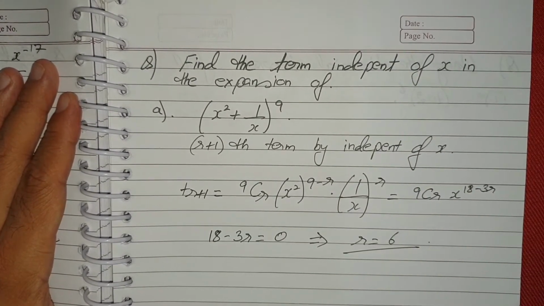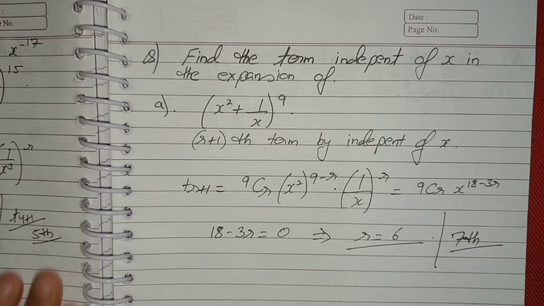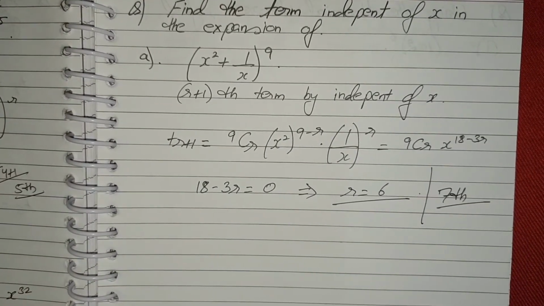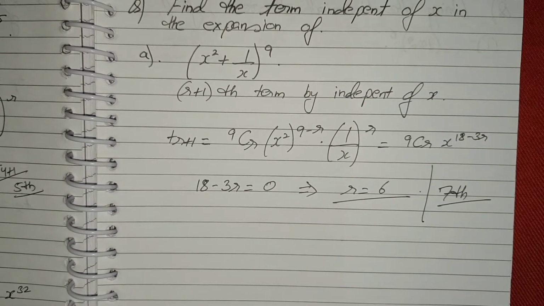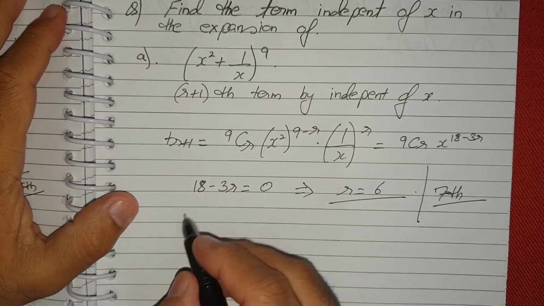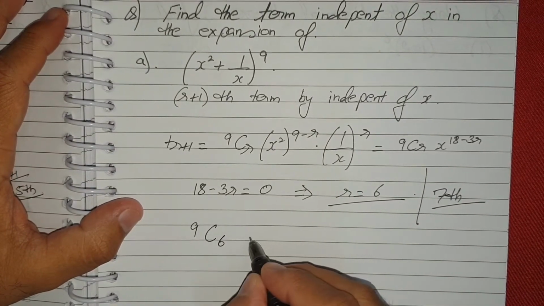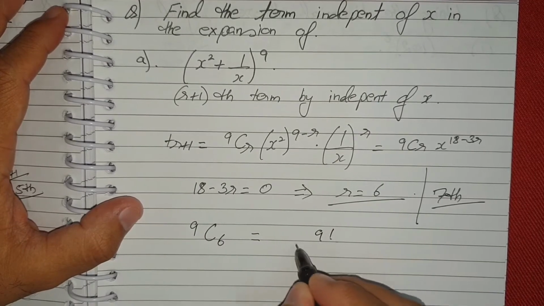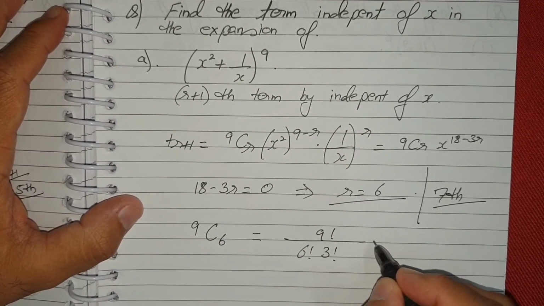Now we know that it is the 7th term which is independent of x, since T r plus 1 means the 7th term. To find the coefficient also, just put r equal to 6 in this. So, this will be 9 C 6. For solving it, 9 factorial by 6 factorial, 9 minus 6 is 3 factorial.